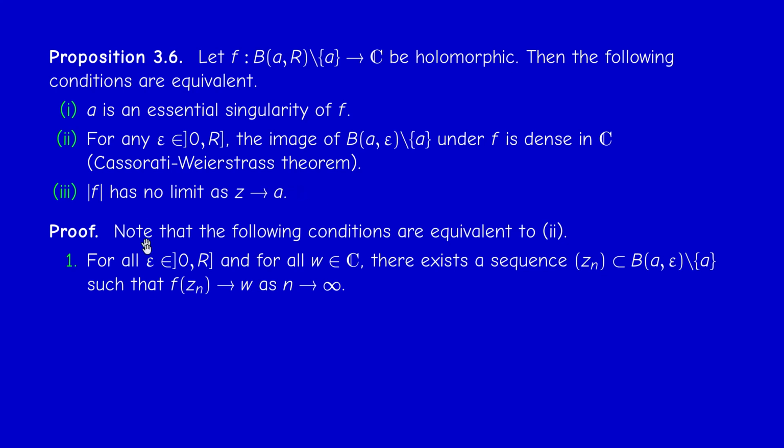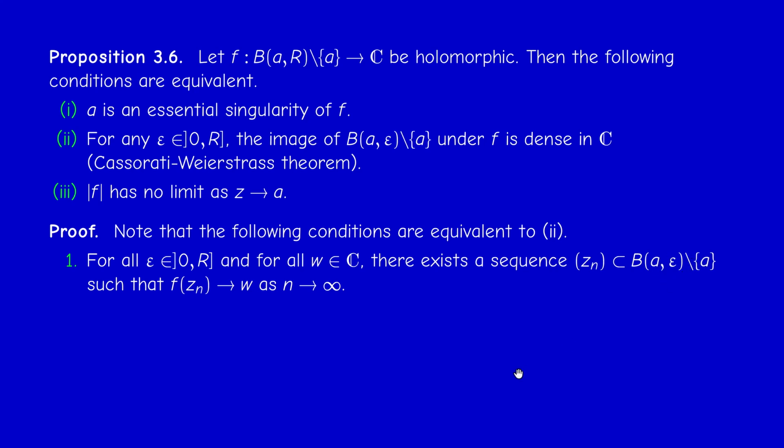Now before I do the proof, let me establish 3 conditions equivalent to condition 2. What does it mean to say that the image of this punctured disk is dense? It means that any complex number is the limit of a sequence in the image of this neighborhood. So any w in C is the limit of f of z_n, where z_n is a sequence in this punctured neighborhood.